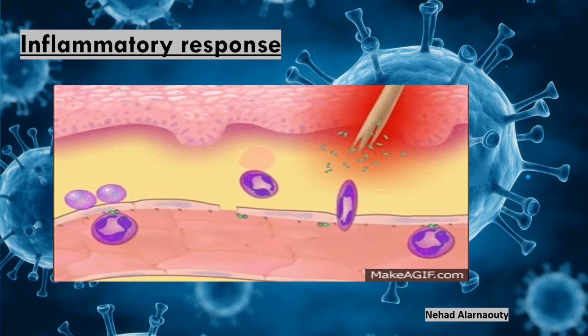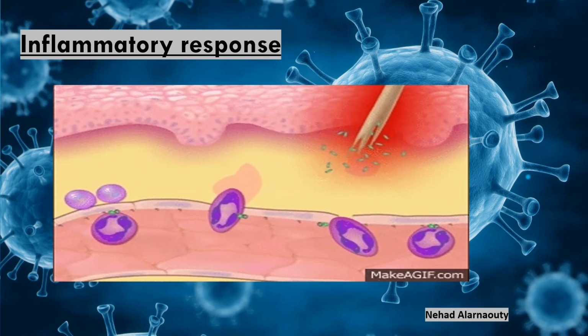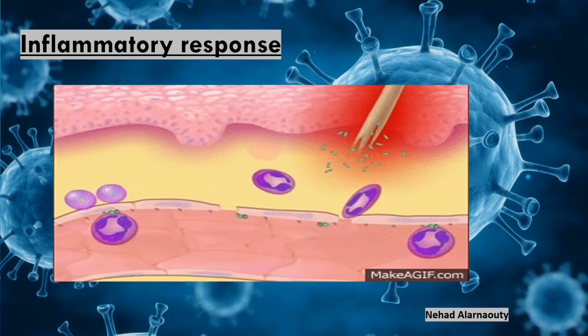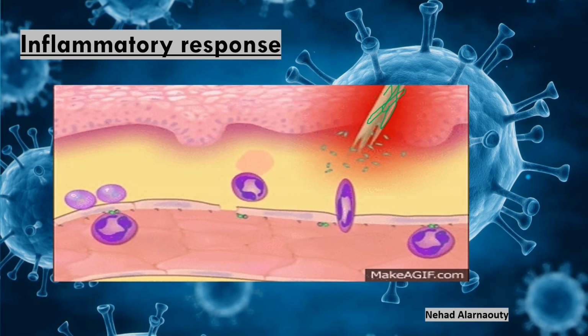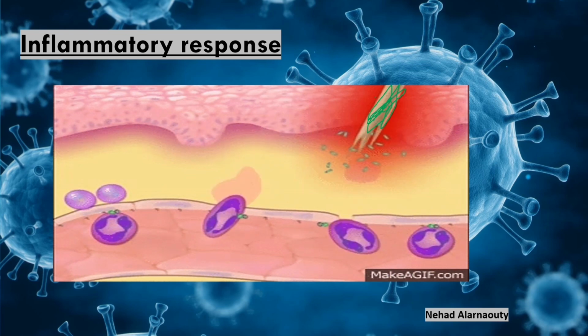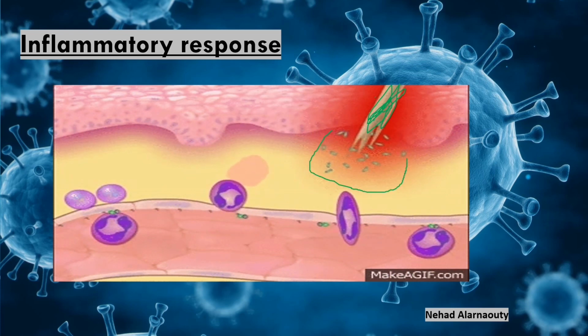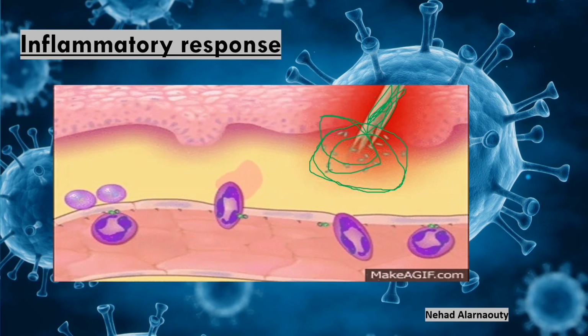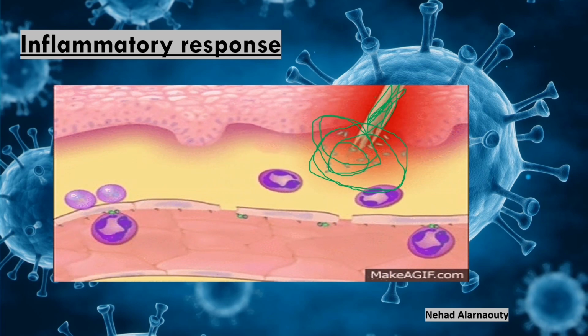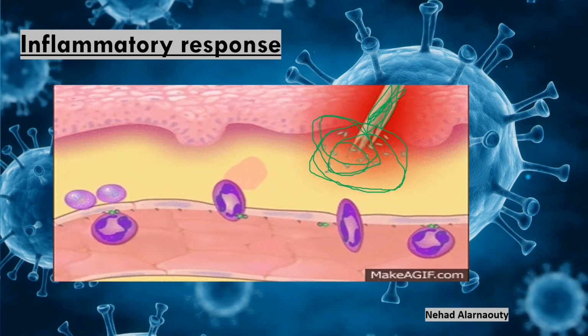Let's start the steps of the inflammatory response. Number one, here you have a needle that penetrated your skin and caused the injury. Those are the bacterial cells, the microorganisms, the foreign bodies that succeeded in entering your body through this injury.